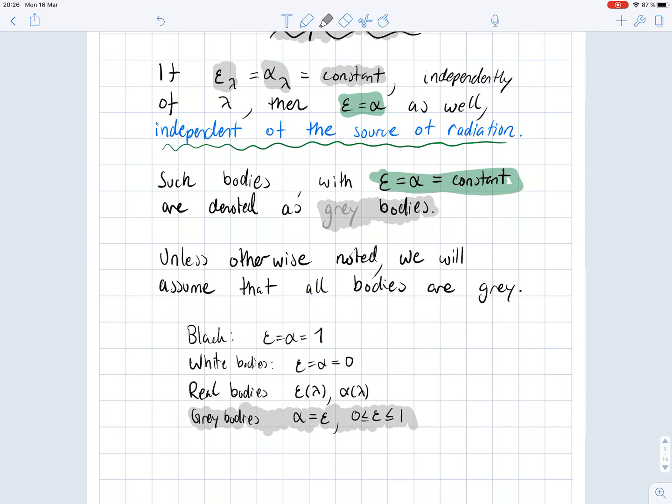Not only is it a very useful approximation, it's valid for most surfaces that have diffuse reflections. So this will work badly for highly polished metals, but it will work very well for, for instance, refractory materials.